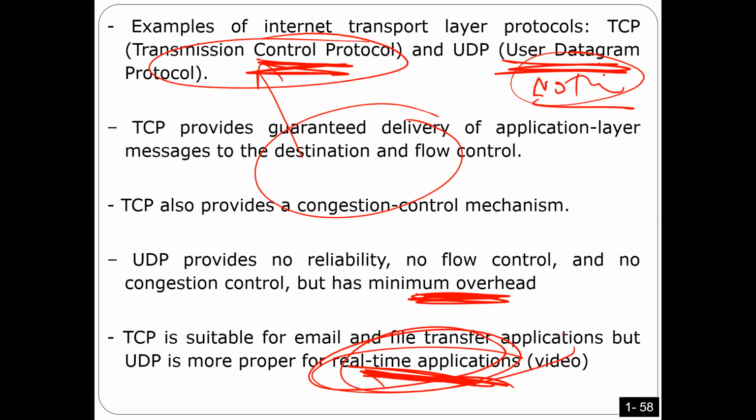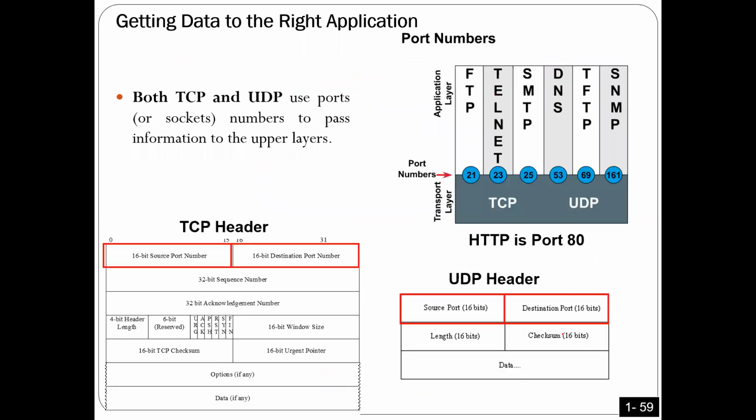I don't need them. You got what I'm saying? Any questions? So these are two famous protocols. You should understand I can't say one of them is better than the other. We can use both of them, but it depends on the application. Any questions?